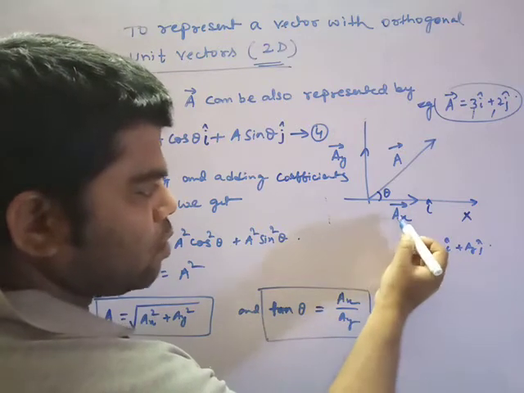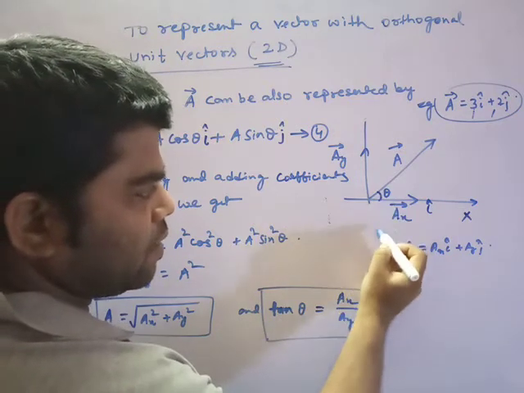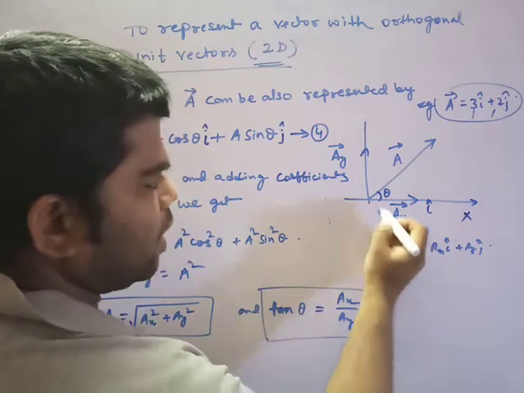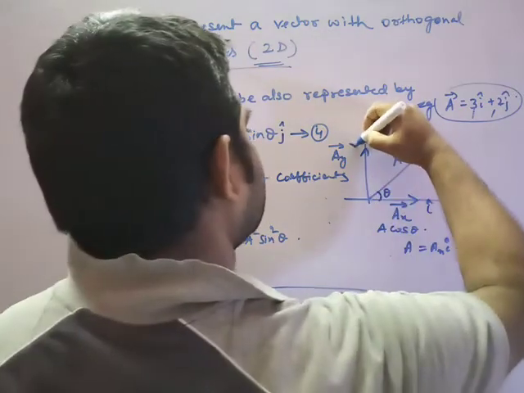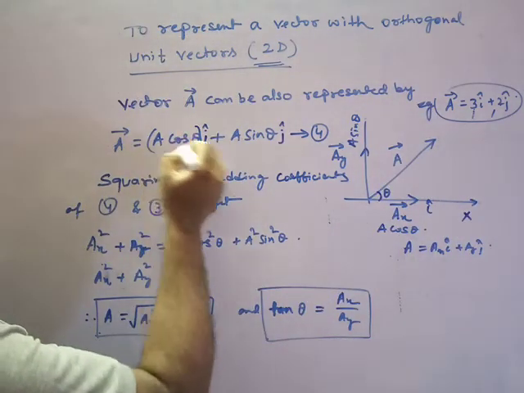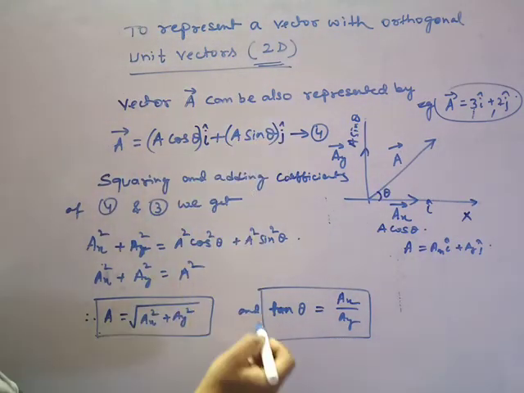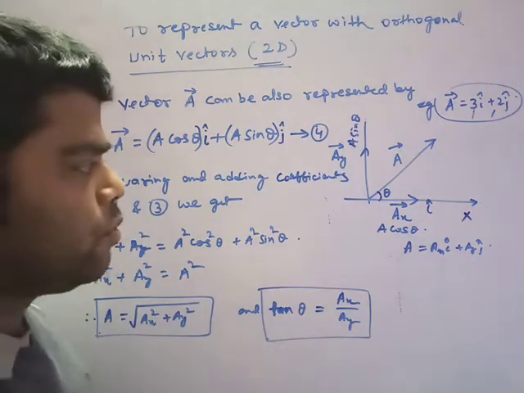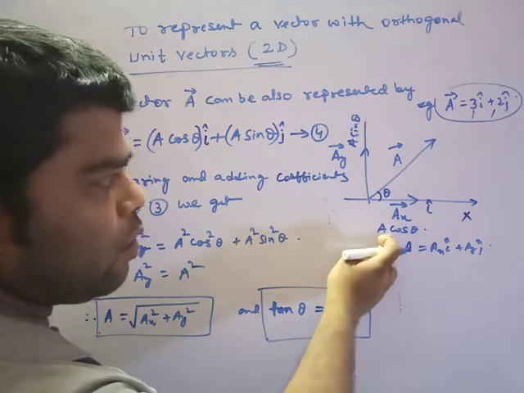But if angle theta is given, then I will write here a cos theta, and here a sin theta. That's why I have written here a cos theta and a sin theta. I have already informed you, and I will teach you how and why we write a cos and a sin here.